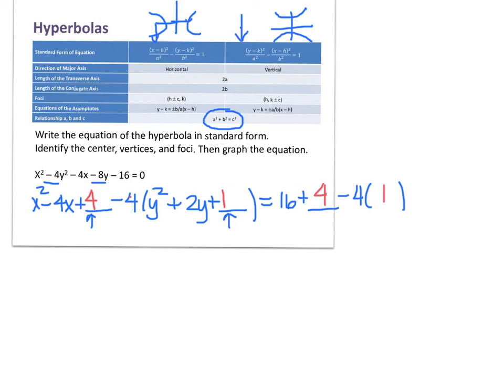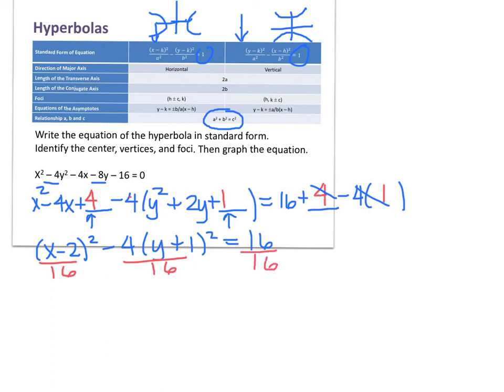So now we can complete the square on this. We have x minus 2 squared minus 4 times y plus 1 squared equals, notice the 4's will cancel, 16. But with a hyperbola, you're always setting your equation equal to 1. So we have to divide everything through by 16.